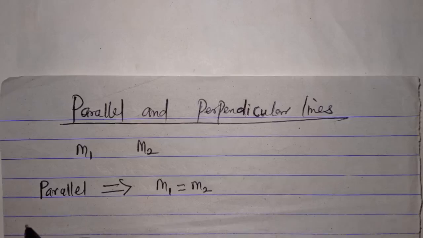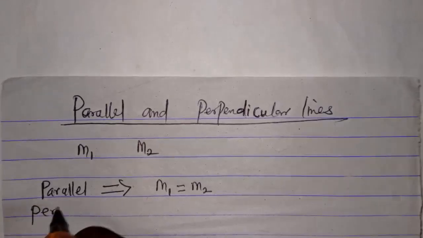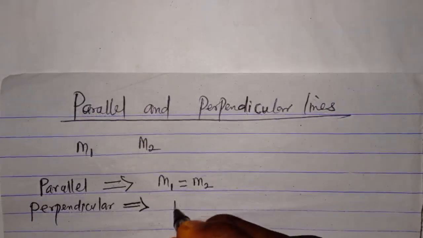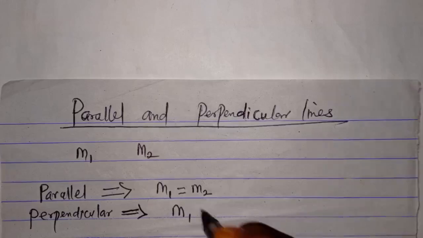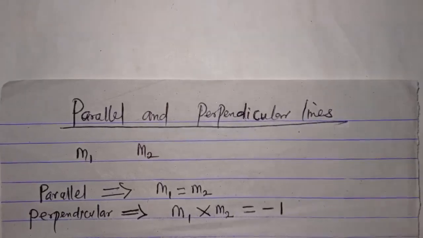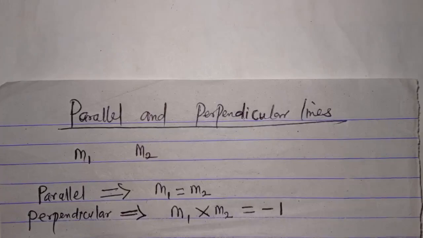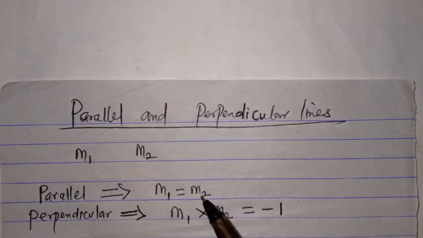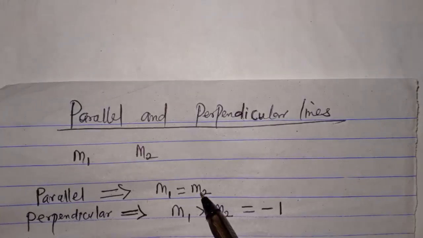All right. The lines are perpendicular if the product of their gradients, m1 times m2, equals -1. This is the condition for perpendicularity of two lines, and this is it for parallelism of two lines.